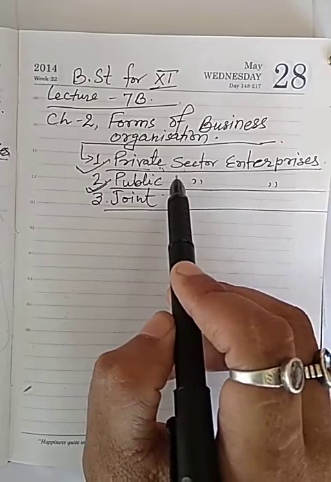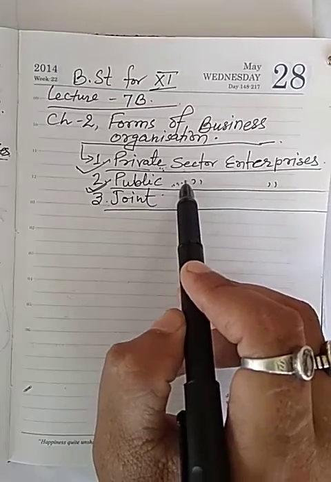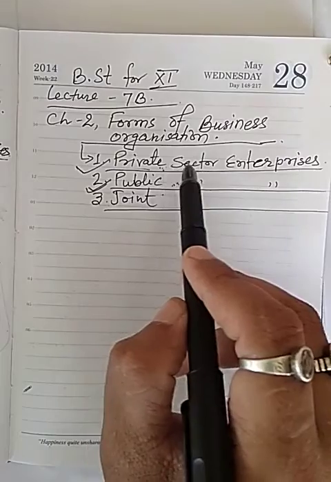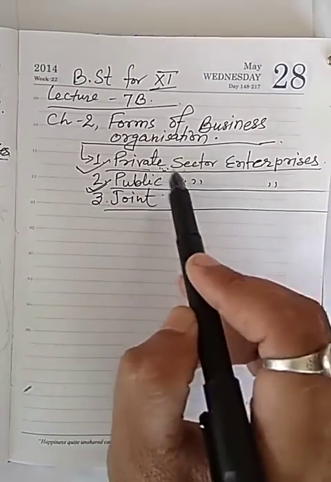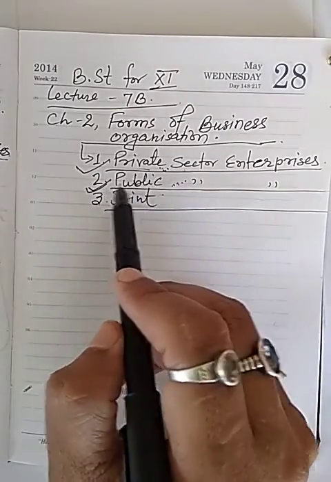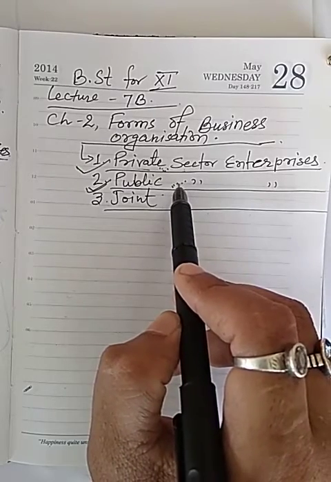These enterprises work with the main motive of service. Private sector enterprises have the main motive of earning profit, but public sector enterprises have the main motive to provide service.